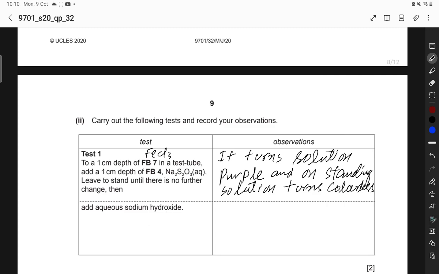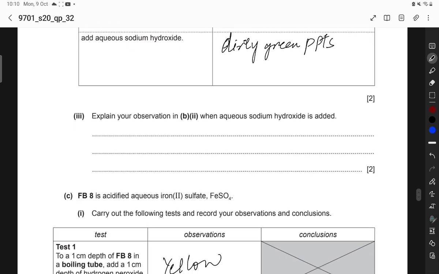And add sodium hydroxide, green, dirty green precipitates. Explain your observation in B2 when aqueous sodium hydroxide is added.